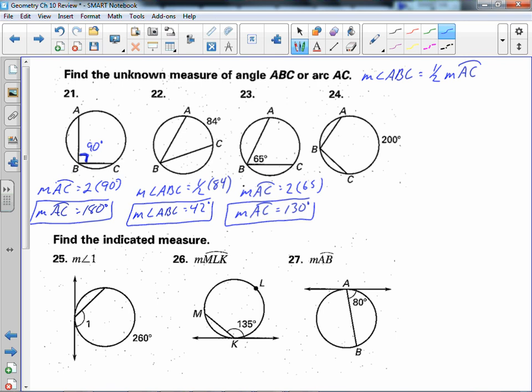And then 24, we've got arc AC given to us as 200 degrees. The measure of angle ABC is going to be half of that, so half of 200. Be 100 degrees.